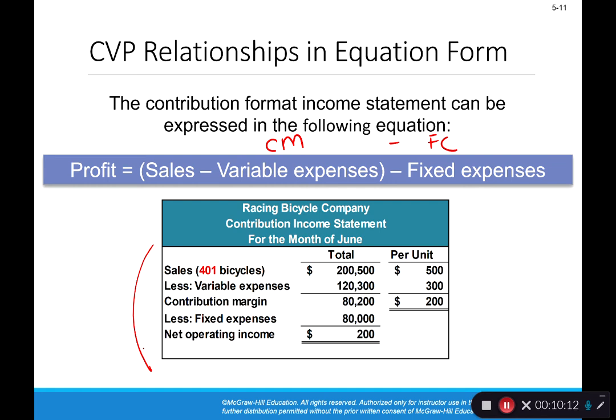If you read the textbook, maybe in the Smart Book, you'll see there are two methods to do a lot of the calculations in this chapter. One is what they call the equation method, which is based on this formula, and then the other is the formula method, which has a series of little formulas that help us calculate break even and profitability at different levels of activity and so on. I don't focus on the equation form.